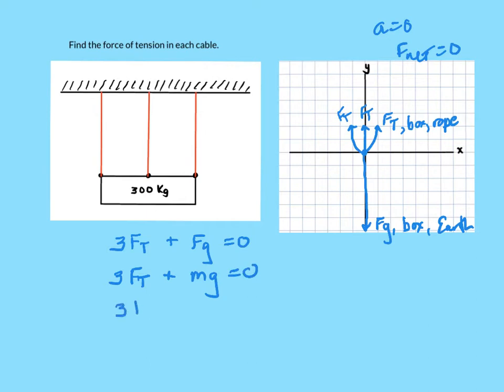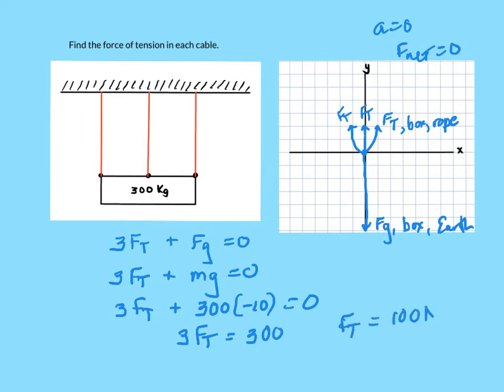So 3 times what we're looking for plus 300 times minus 10 equals 0. 3 times the force of tension, all right, equals 300. So the force of tension in each cable is going to be 100 newtons. Okay? Sound good?